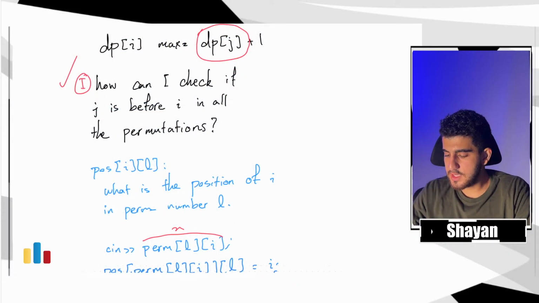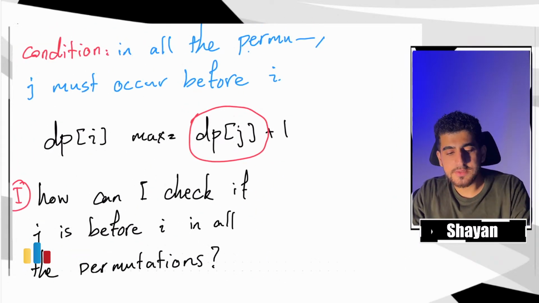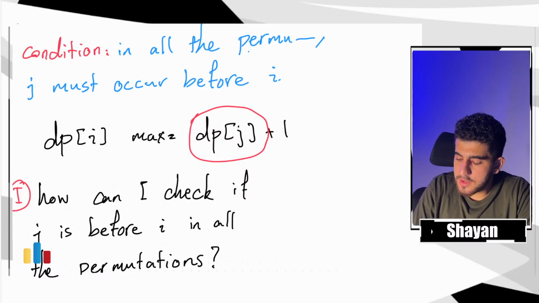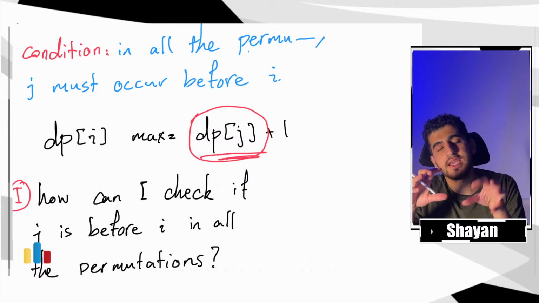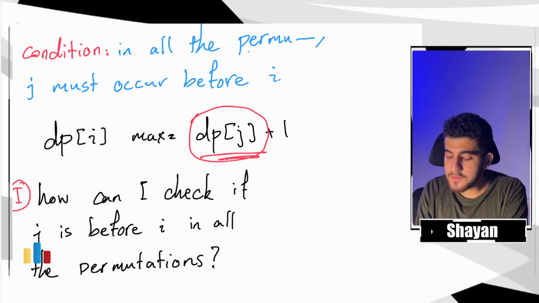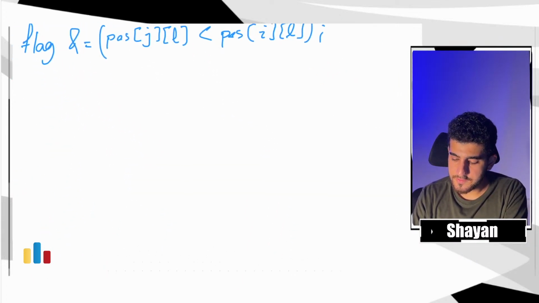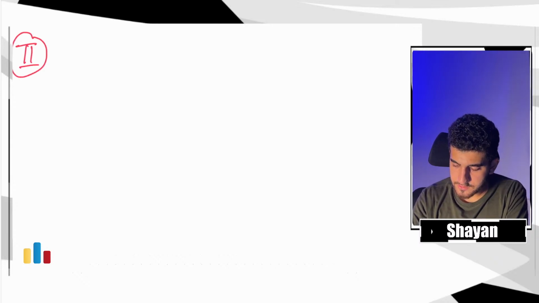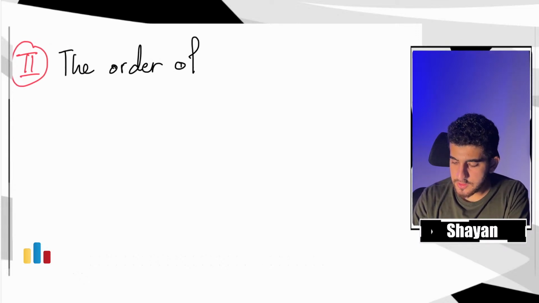So now that we know this, there's one other issue left as well. Before calculating dp of I, dp of j must be calculated. So I need to calculate dp's in an order such that if j can occur before I, dp of j will be calculated before dp of I, because dp of I will use dp of j. So my second issue is the order of calculating dp's.